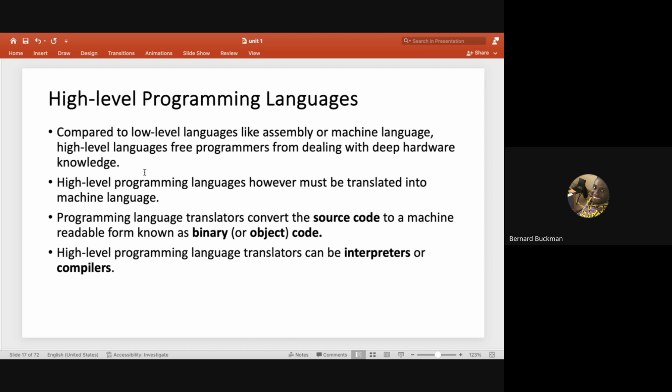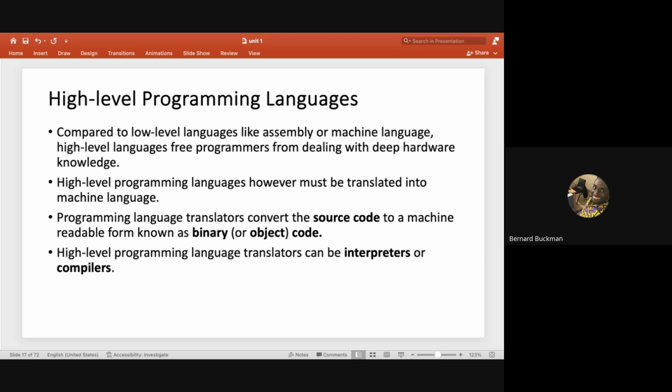Okay. So in high-level programming languages, you often hear terms like source code. Source code represents the code that you, the programmer, write. Sometimes it's called machine code. Now it must be translated into low-level programming language.